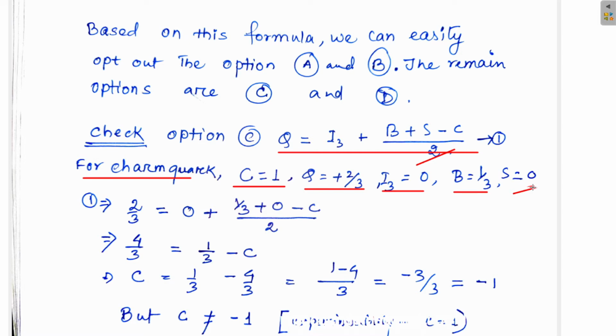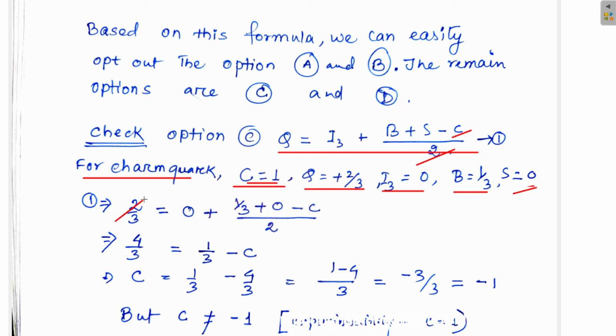So now what will we do? We'll substitute these quantum numbers in this relation, and we'll find the value of the charmness from it, and check whether it gives me the charmness positive 1 or not. So let's proceed.